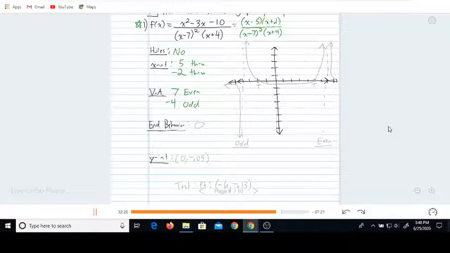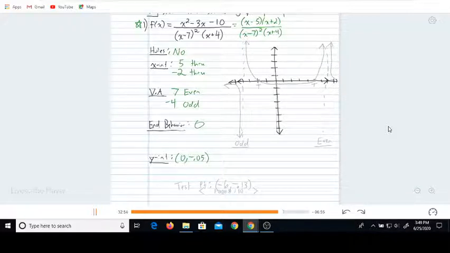So our end behavior is going to be 0. And if we plug in an x value of 0, we get approximately negative 0.05. It's a very small negative number.